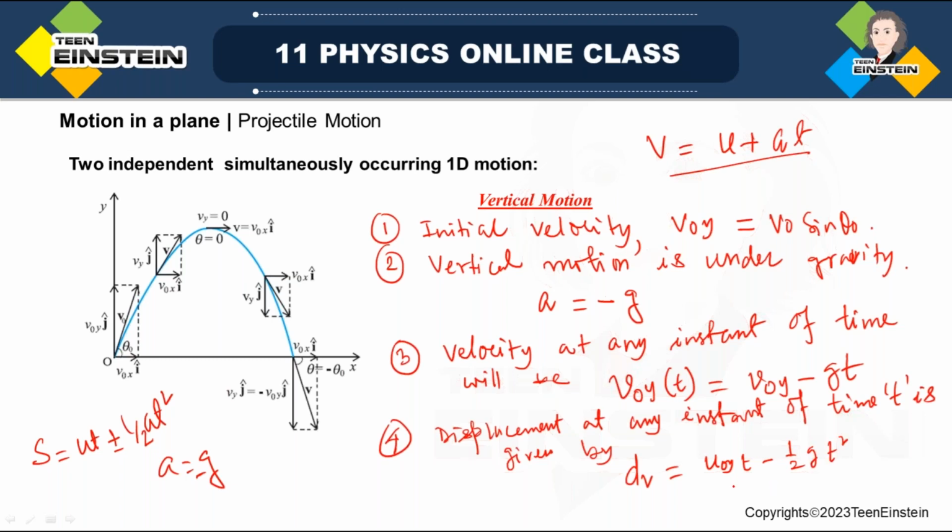Okay, v0y is v0 sine of theta 0, so it is v0 sine theta 0 into t minus half g t square. So this is the displacement at any instant of time, and I have given the velocity here at any instant of time t.